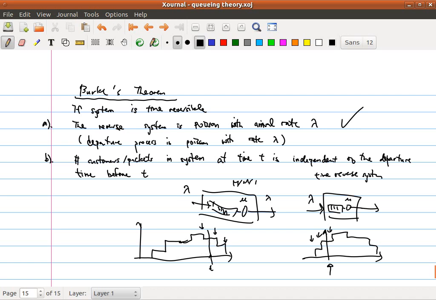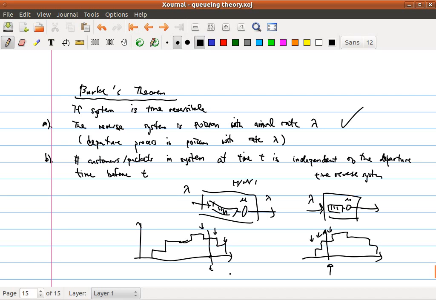It's actually not really very intuitive. It's really counterintuitive, I would say, because intuitively I would think that if the system just had a lot of departures, let's say, then it seems more likely to have fewer packets in the system at time t.